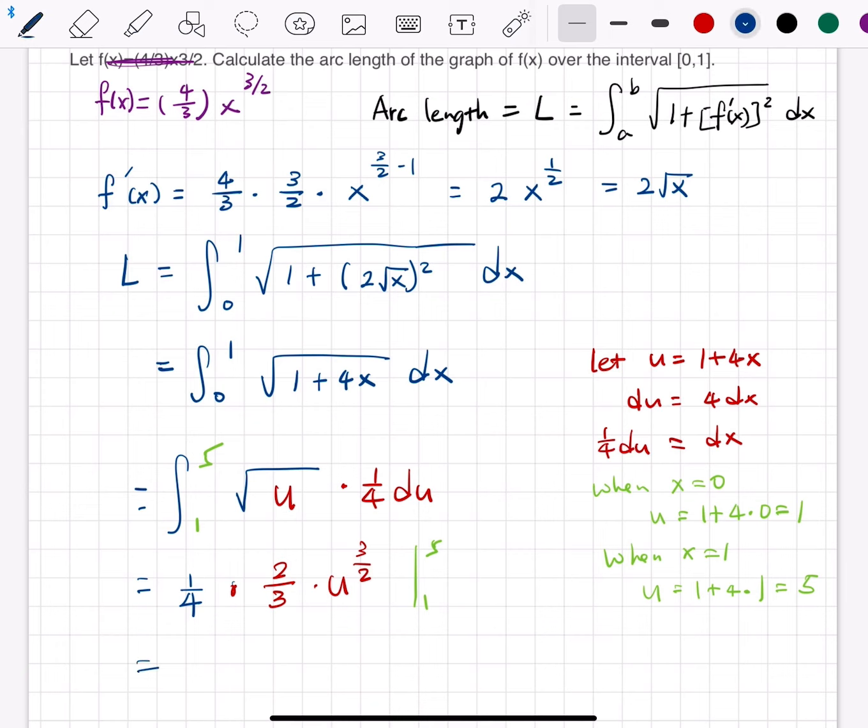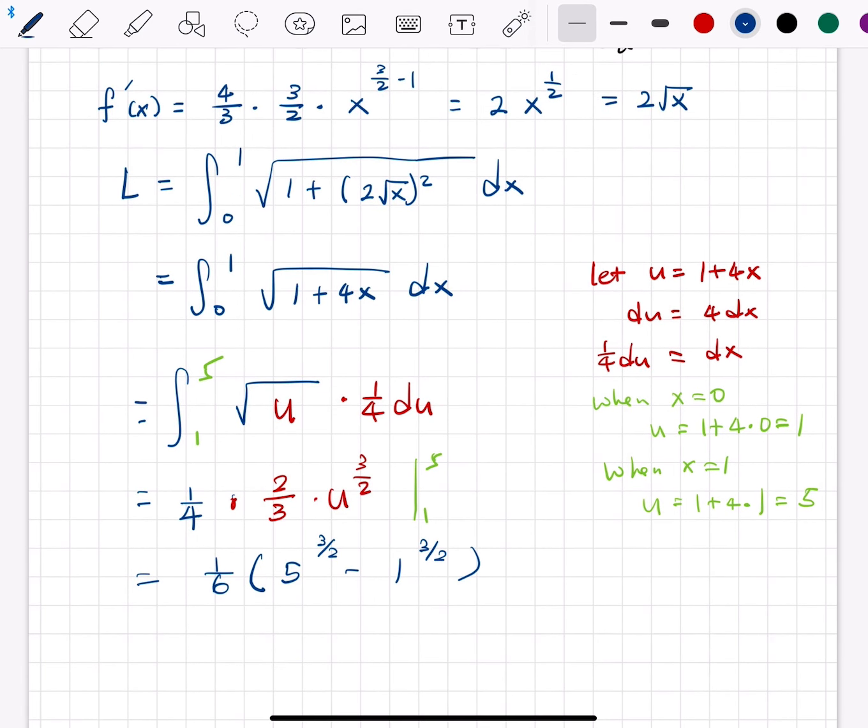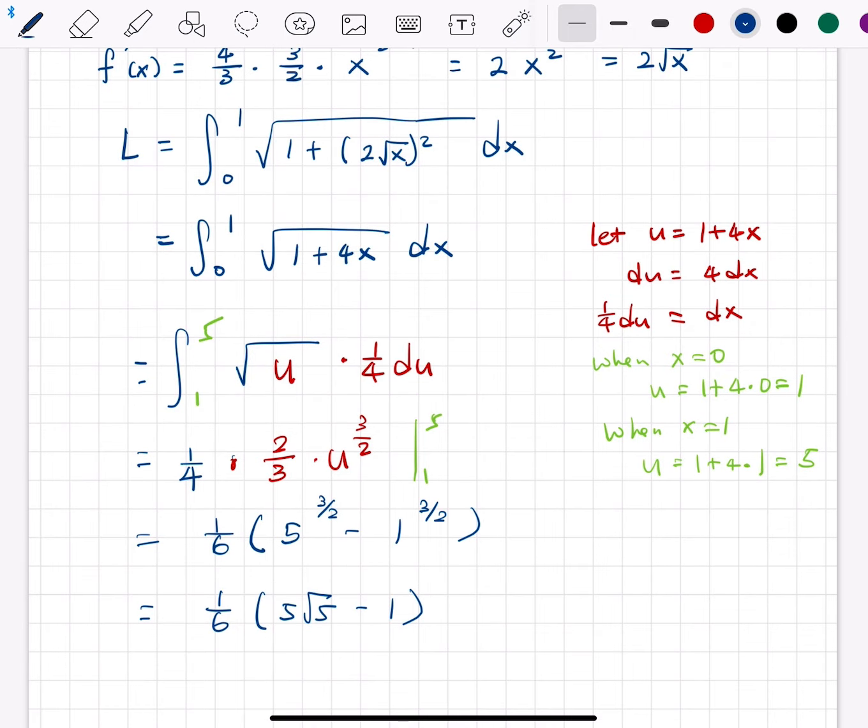which is going to be 1 over 6 evaluated at 5 to the 3 halves minus 1 to the 3 halves, where 5 to the 3 halves is 5 cubed square rooted, so 5 square root of 5, and then 1 to the 3 halves is just 1, and that's pretty much our answer.